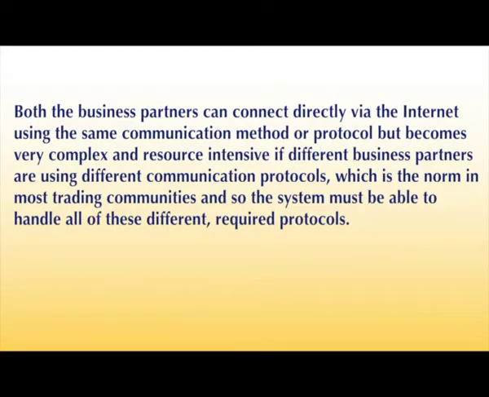Both business partners can connect directly via the internet using the same communication method or protocol, but it becomes very complex and resource intensive if different business partners are using different communication protocols, which is the norm in most trading communities, and so the system must be able to handle all of these different required protocols.